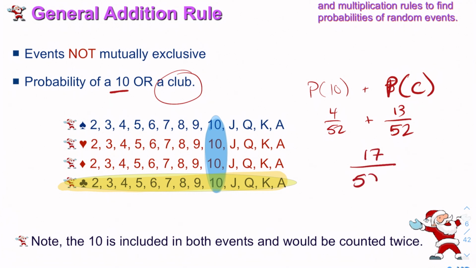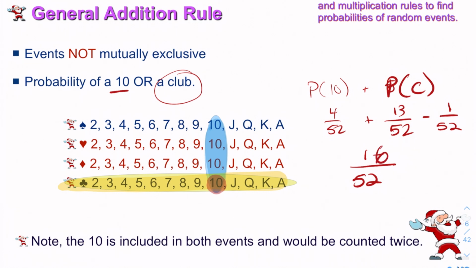And if you say the answer is 17 out of 52, you are 1 more than you had to. That is because this 10 of clubs is both a 10 and a club. So we have to subtract the 1 that we double counted to account for that situation.